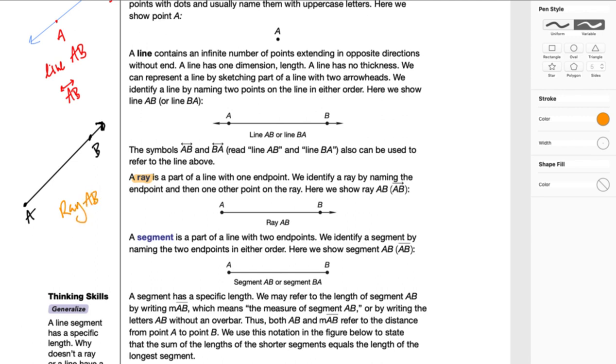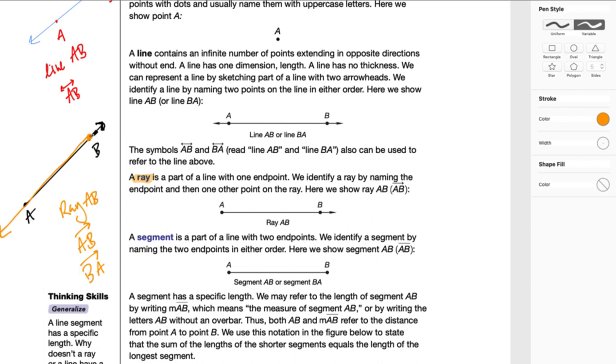And so what we would do is we'd call it ray AB. So that's ray AB. Sometimes we can write ray AB like this, AB with a little arrow on top of it. Please note that if you write BA with an arrow on top of it, you're not talking about this picture here. You're actually talking about this picture here, this orange thing that I'm drawing.